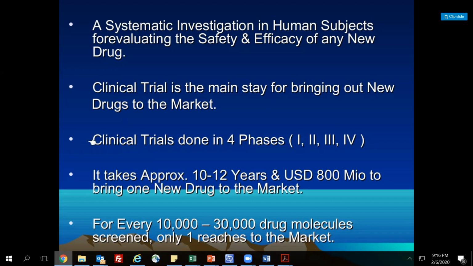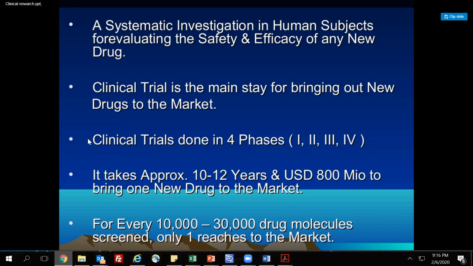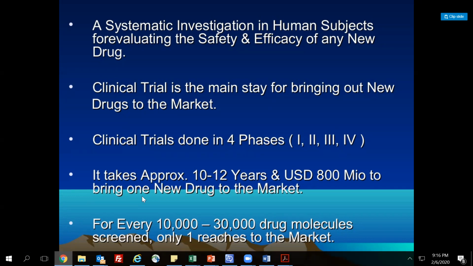For every 10,000 to 30,000 drug molecules screened, only one reaches the market. What is a molecule? A molecule is nothing but a drug, the form in which the drug is investigated in the individual.